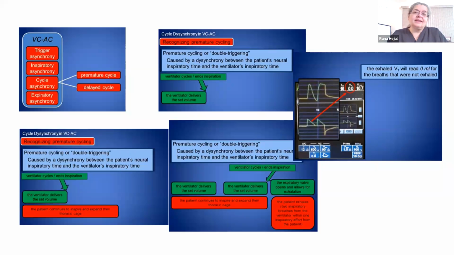The annoying thing is this is also a very similar graph to something called reverse trigger. Before I go to reverse trigger, when you look at the patient here, what do you think they are doing?